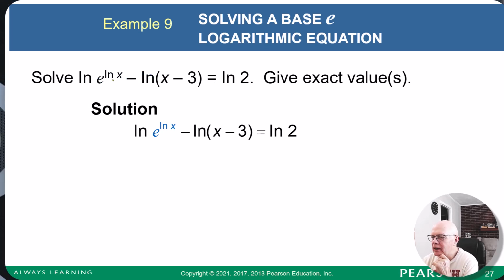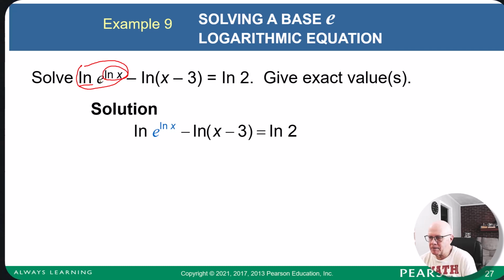We're working with natural logarithms, and this one right here, I hope you can figure that out. Now it can look a little bit complicated, but it really isn't, because you've got the natural logarithm of e to a power, so the answer is just the power itself.